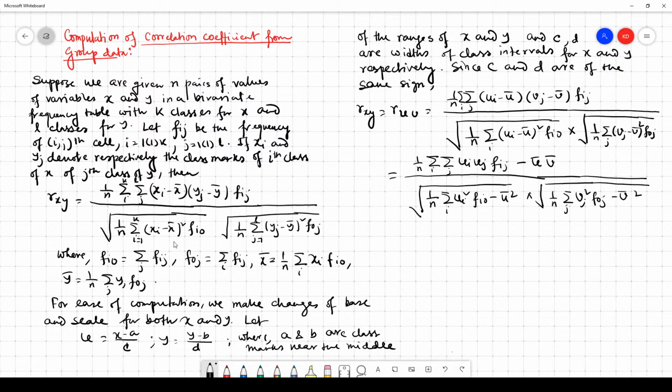Now, calculation of Ui Vj Fij is laborious, and it is done in two stages.